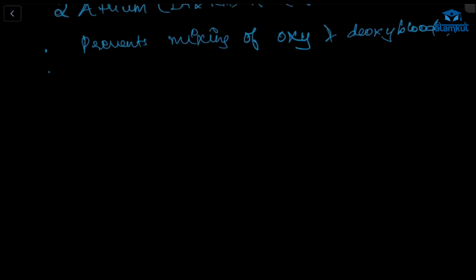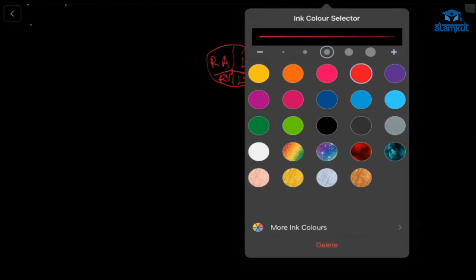Okay, now we'll look into this. This is the left atrium, this will be the left ventricle, and this will be the right atrium and right ventricle. And here we'll have our lungs, and here the body parts. Now what will happen here?